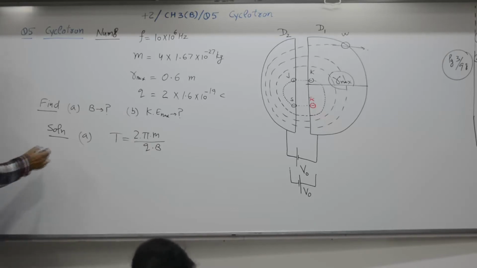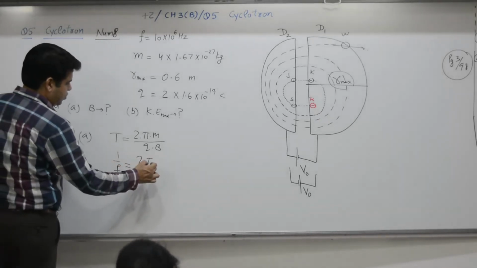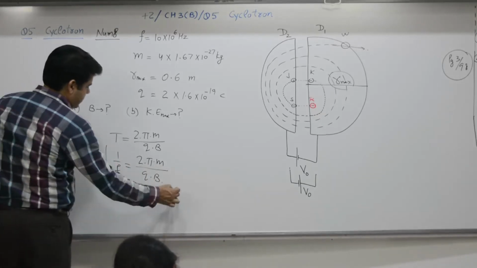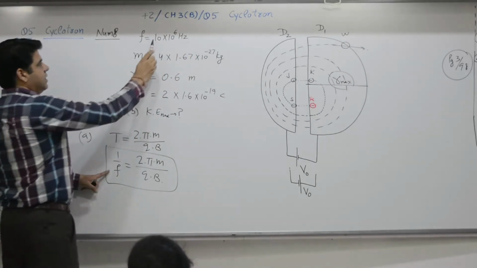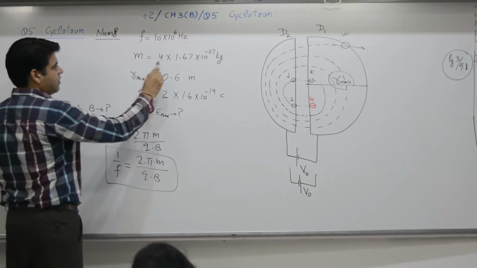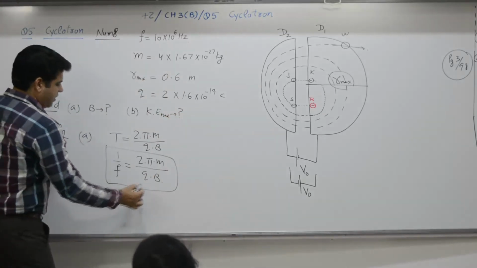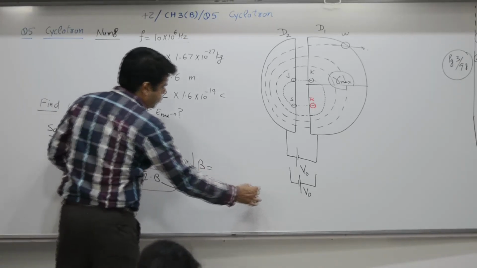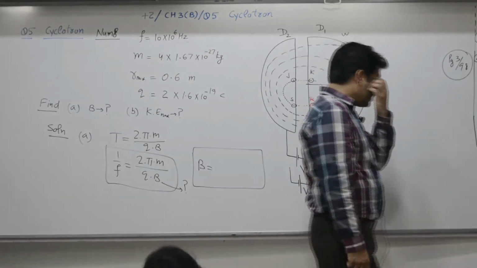You can write this as 1 by f is equal to 2 pi m by qB. Here the frequency given is 10 raised to power 7, since 10 into 10 raised to power 6 means 10 raised to power 7. 2 is constant, pi is constant, m is given, this one is 4 into this. Charge is 2 into this. Solve and find B. Rest of the parameters are given. One minute for calculation.